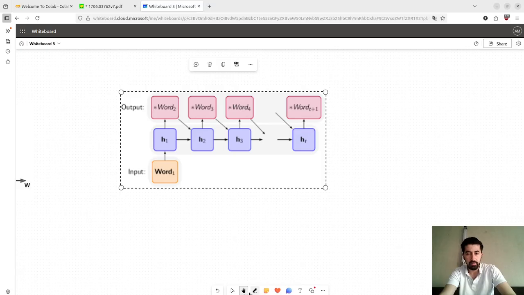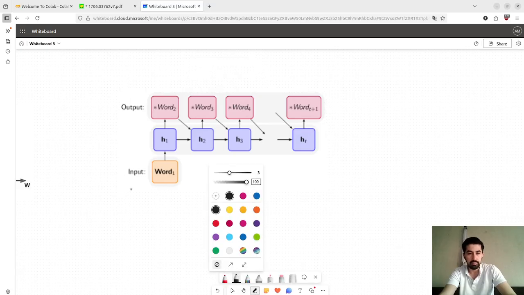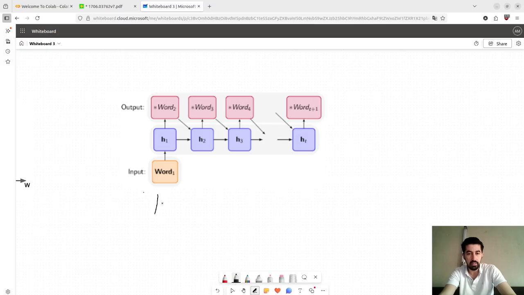So for example, here it may be "hi", so we inject it to H1, which is like a neural network, a one layered neural network. We get "my", and then "my" is injected to H2 alongside the output of H1.